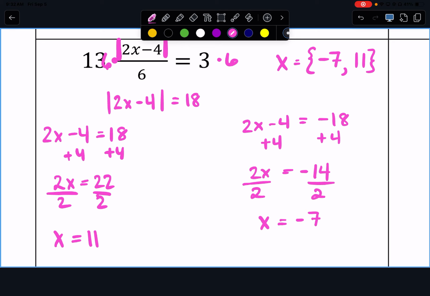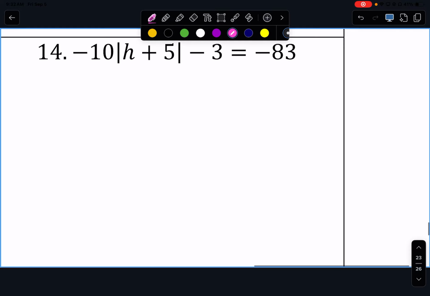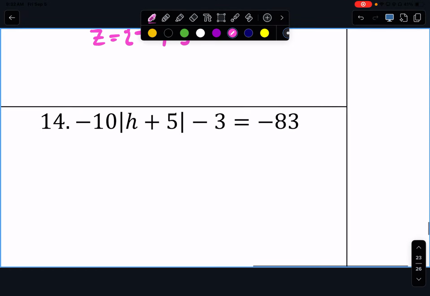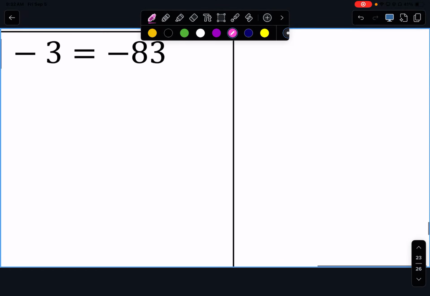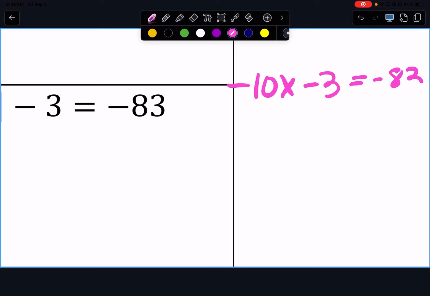Okay, now let's look at 14. What do I do first on 14? Combine. Let's talk about this. If I gave you negative 10x minus 3 equals negative 83, what would you do?